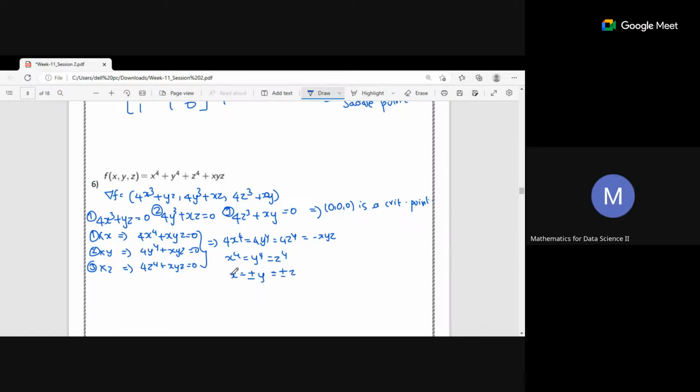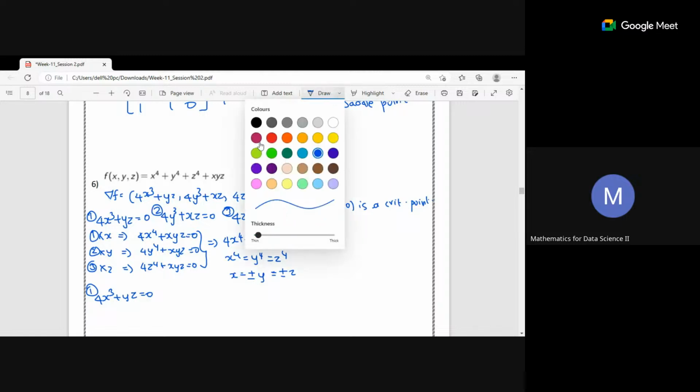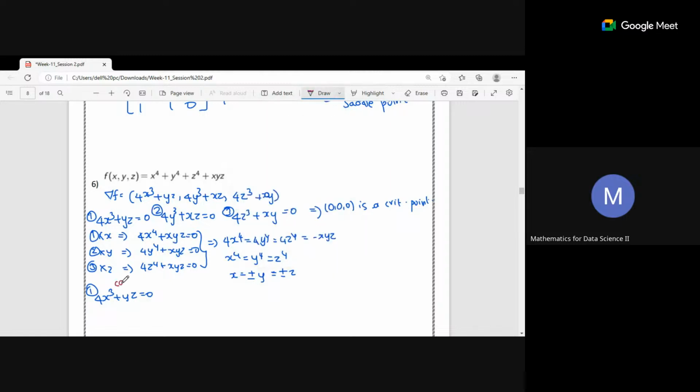Now it can take many values here. Okay. So now let us see what is happening. So one thing here, whether y and z can have the same sign or they can have different signs. So let us see what happens specifically. So 4x cube, I'm taking equation 1, plus yz is equal to 0. Now let us assume y and z are of the same sign. Case 1, yz is positive. That means y and z are of the same sign.